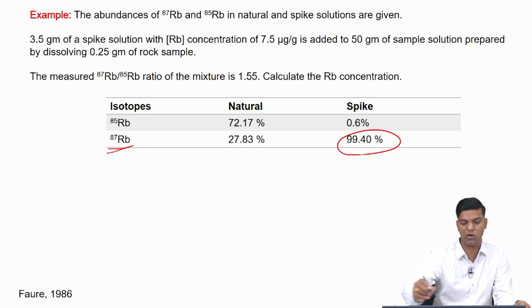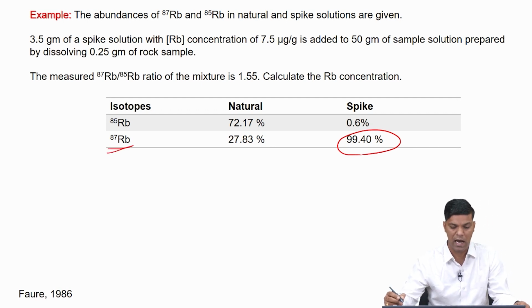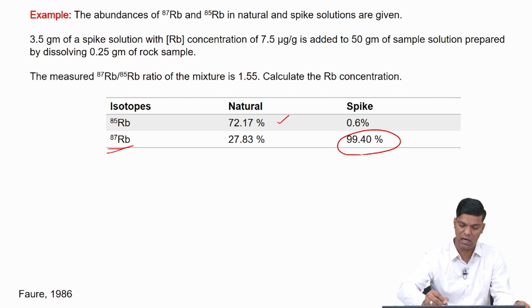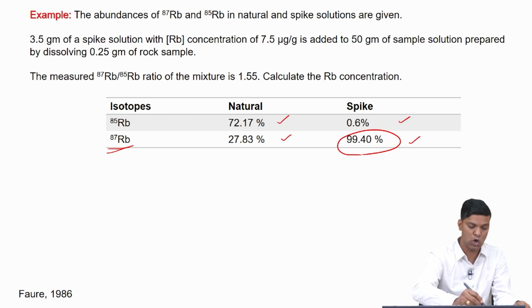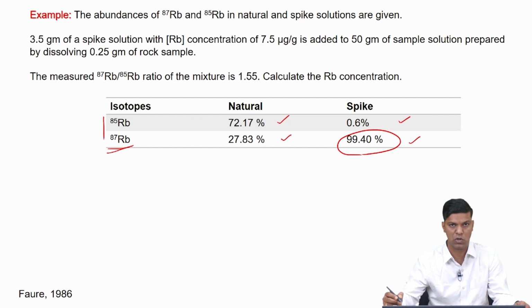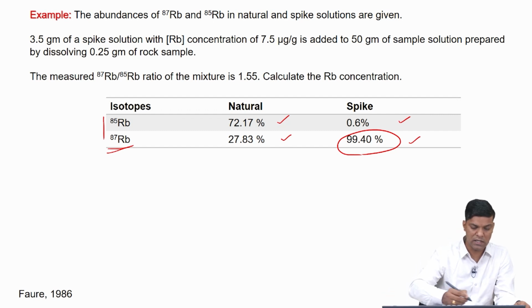So, the abundances of rubidium-87 and rubidium-85 in natural and spike samples are given. So, you know the natural abundance and you know the spike abundance for the two naturally occurring isotopes of rubidium, which are 85 and 87.